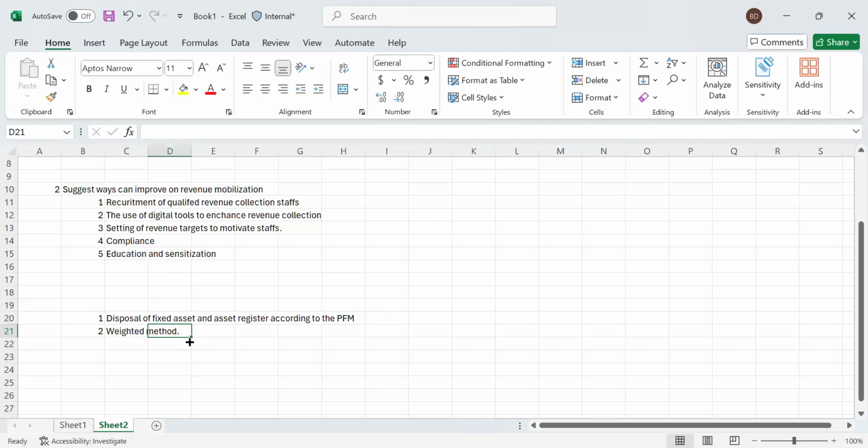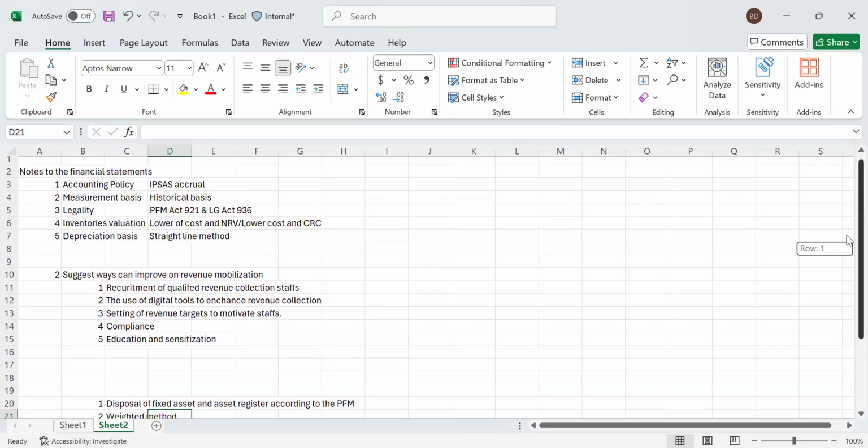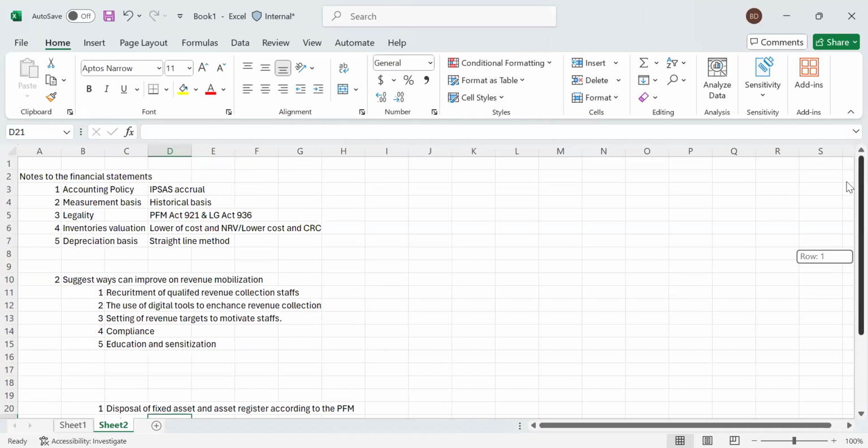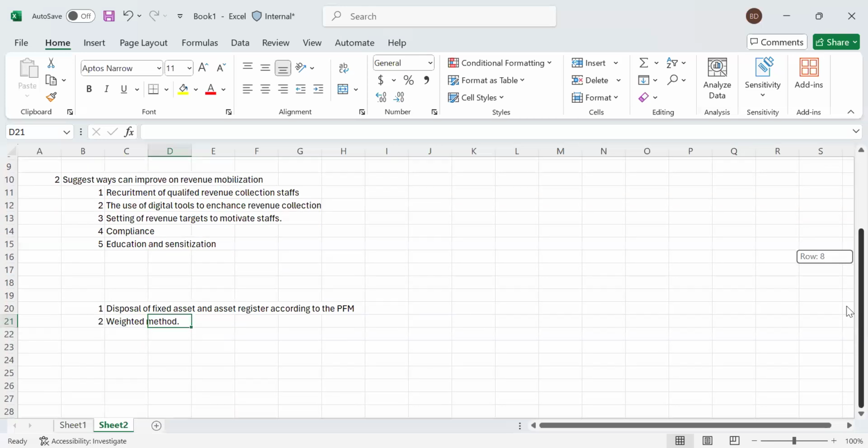Can you explain the weighted average method that is used to value inventory? Anyone? And why is it used?